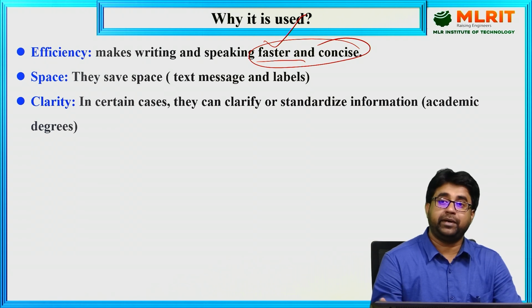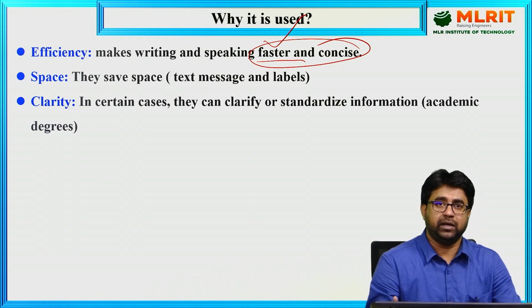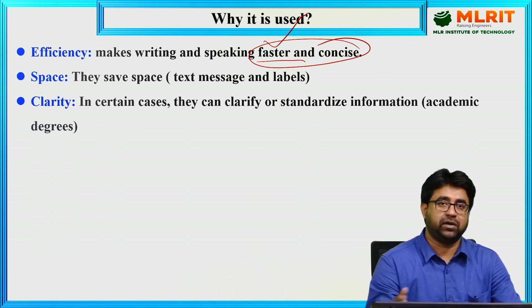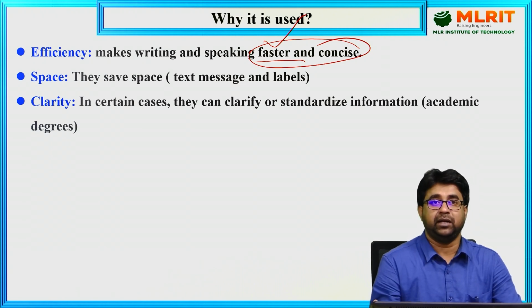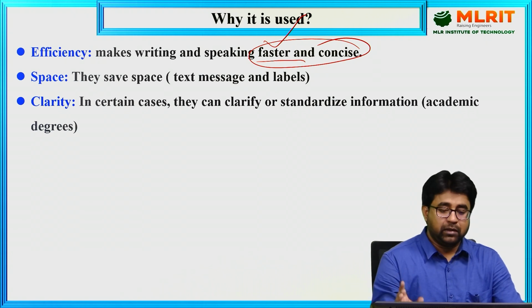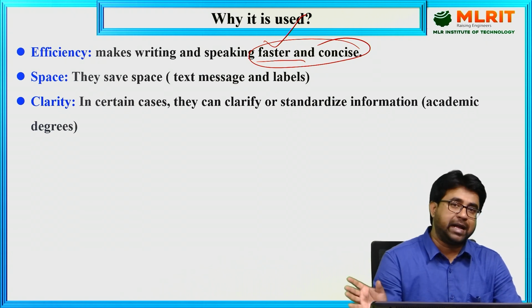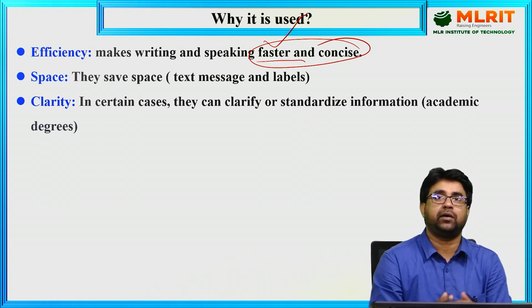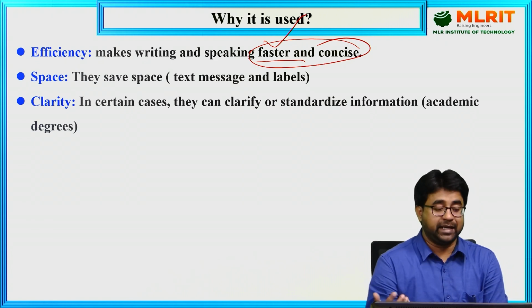Twitter used to have a character limit, and one post could contain a maximum of 160 something characters only. So in those kinds of situations, abbreviation helps us to actually use more words, right? Because instead of using 4 or 5 letters, we'll be using only 1-2 letters. So obviously the number of letters will decrease.